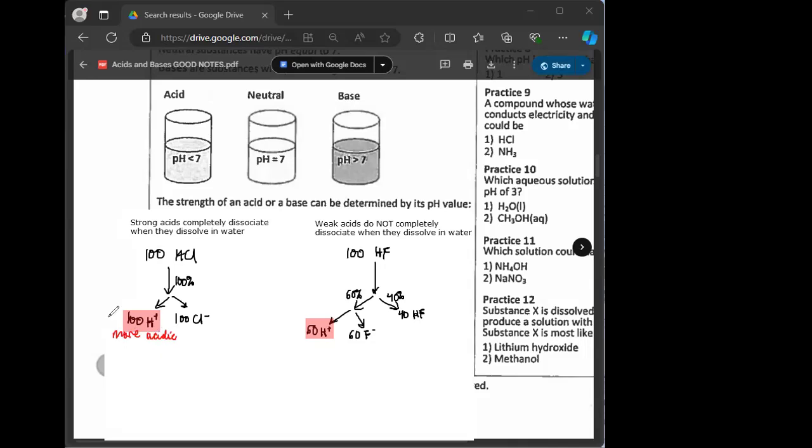Let me write: more hydrogen ions means more acidic. And therefore, there's going to be a lower pH.